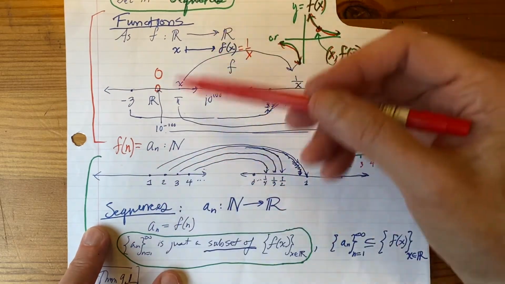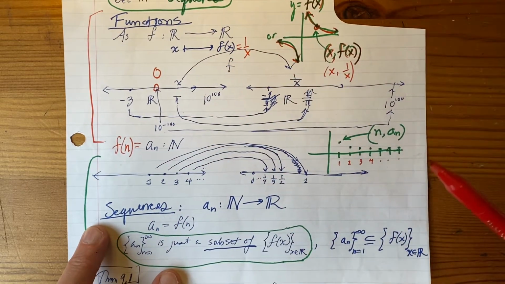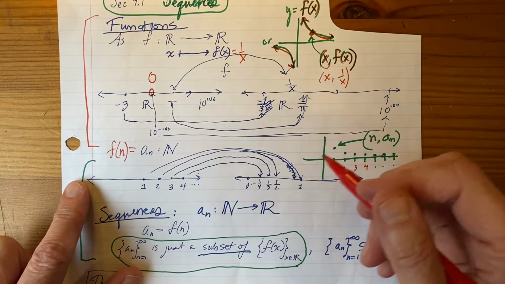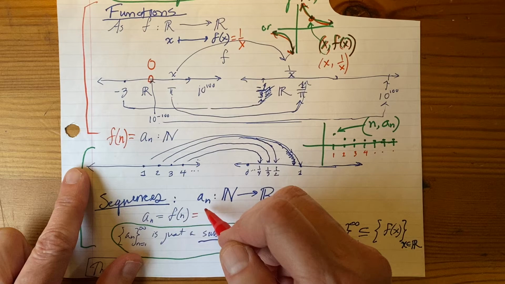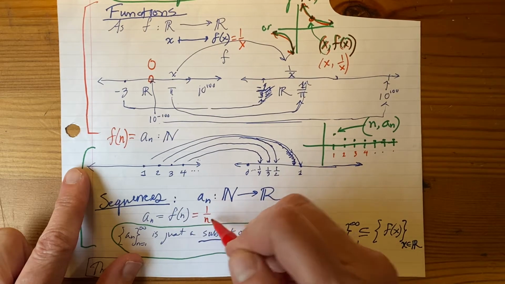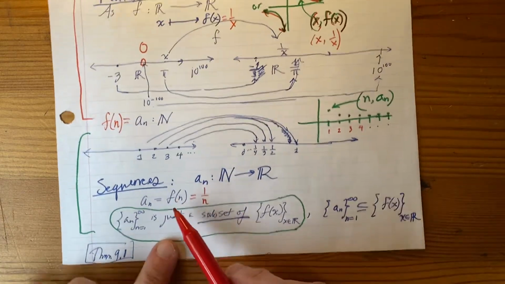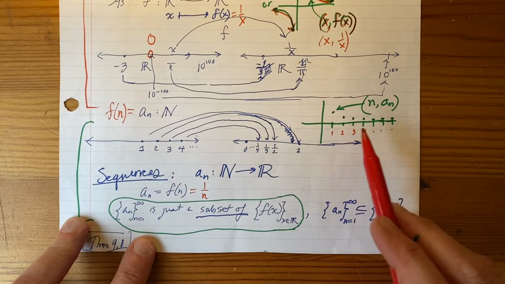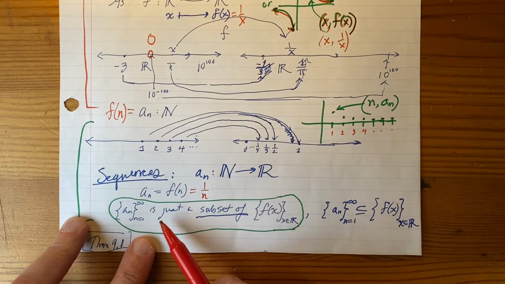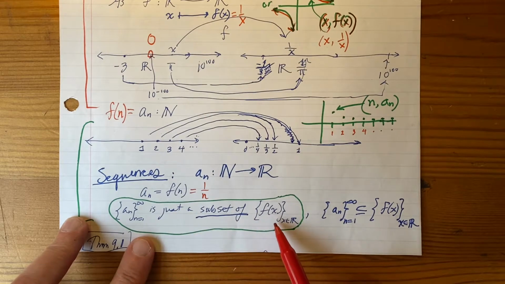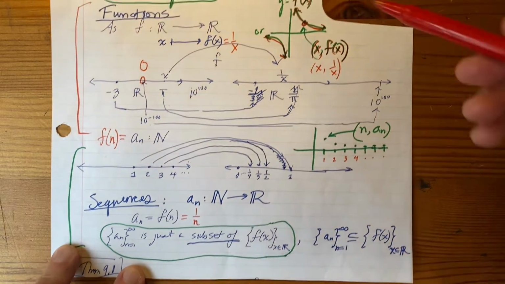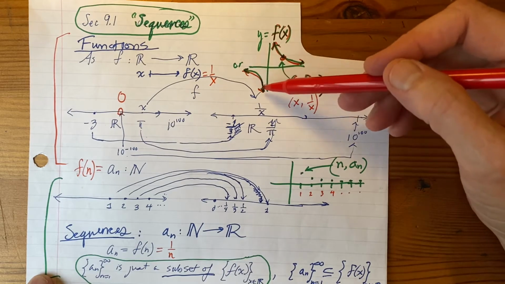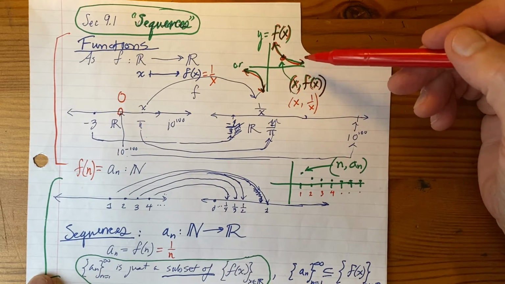If these two functions are related as they are here, if a sub n is equal to 1 over n, then you can think of all these a sub n values, 1, 1/2, 1/3, 1/4, as just a subset of all the f of x values, which would be represented by all the y values, all the second coordinates of all these points up here.